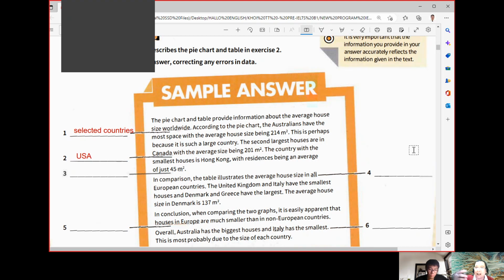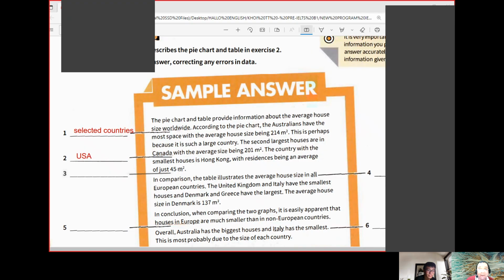Can you think of a word that can replace "being" in there? With residences, with an average of... no, we cannot say "with." It's just "being." So this one is correct: residences being an average of just 45 square meters.